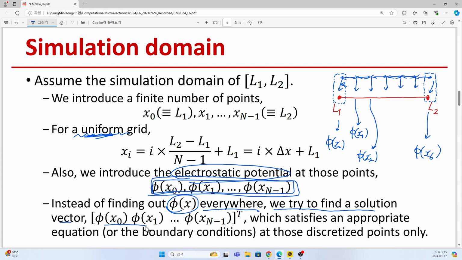So this does not include an infinite number of unknown variables, but only n unknown variables. So the information is much smaller than the analytic one, and which satisfies an appropriate equation or the boundary condition at those discretized points.